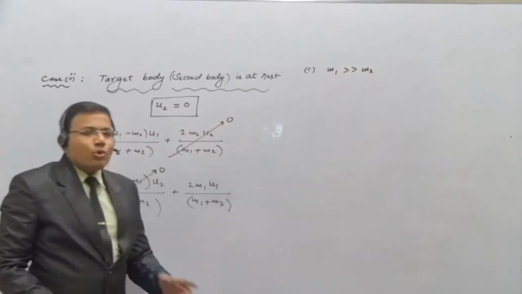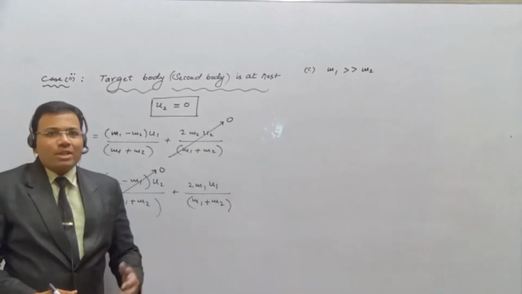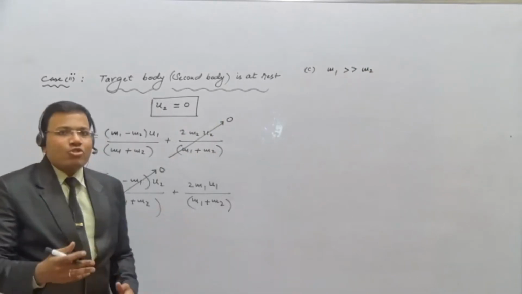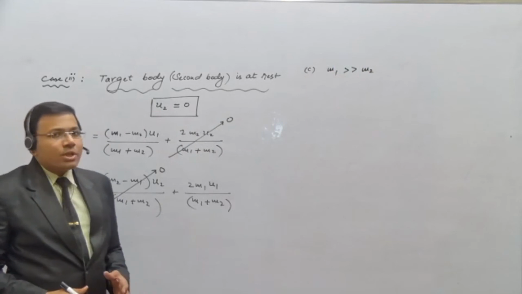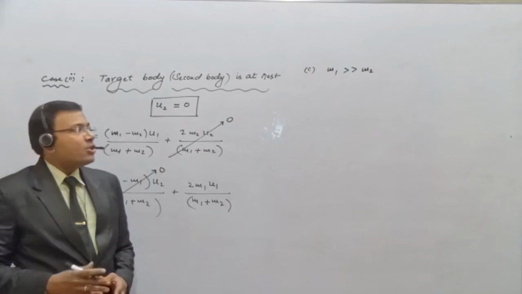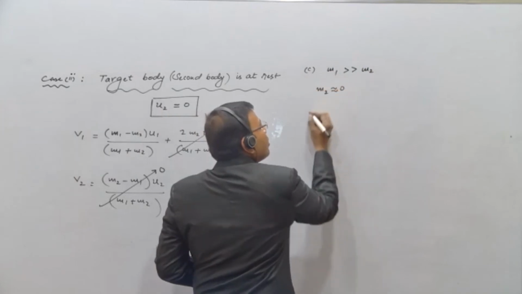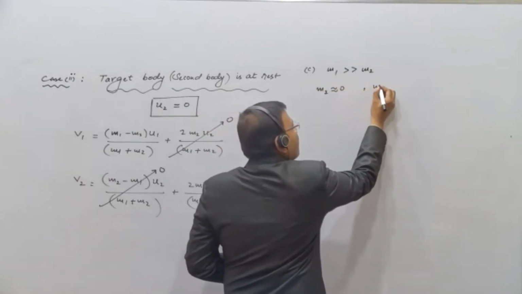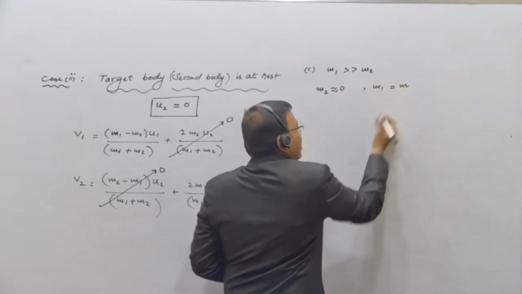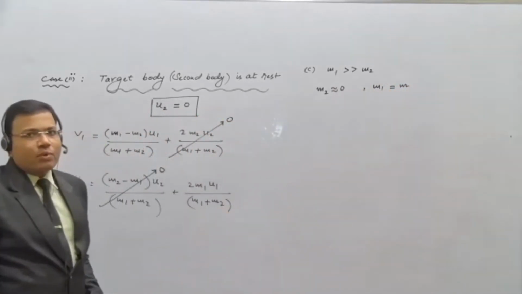That means here m2 is negligible. M2 is much less than m1. So under this situation m2 is negligible. So what I do here is m2 is almost equal to 0 and m1 I will consider it to be m only. Now let us see what we are going to get.